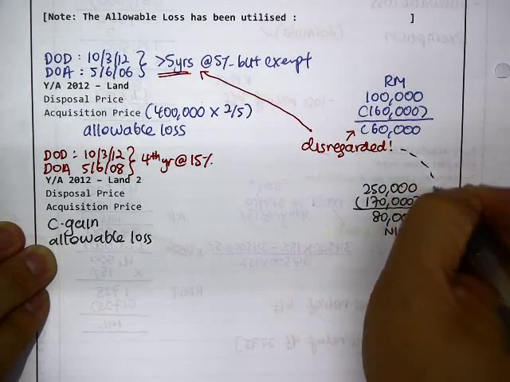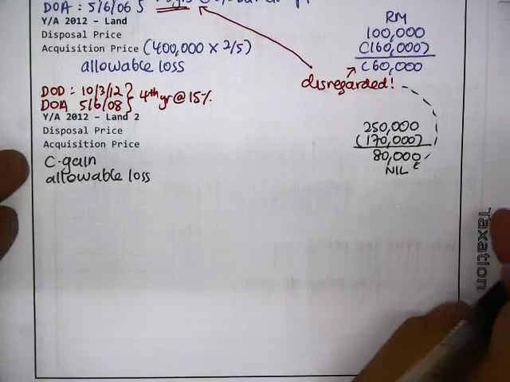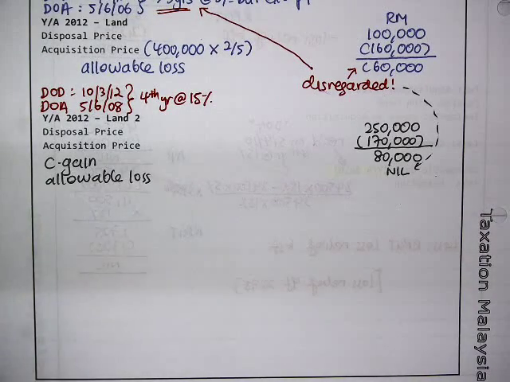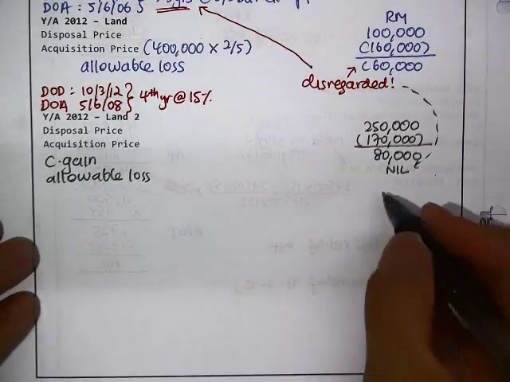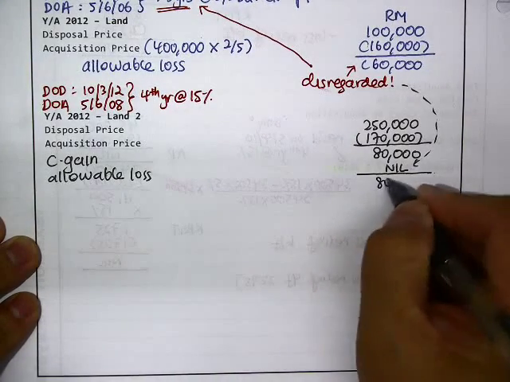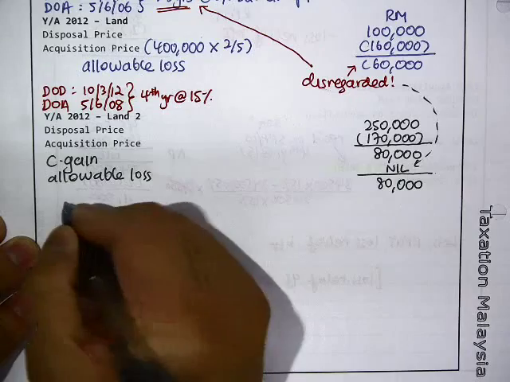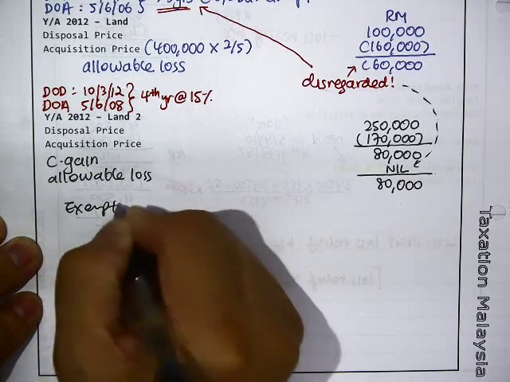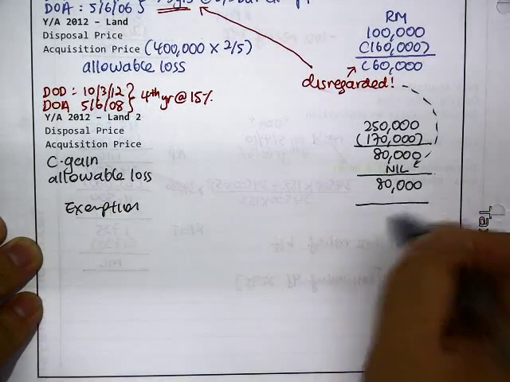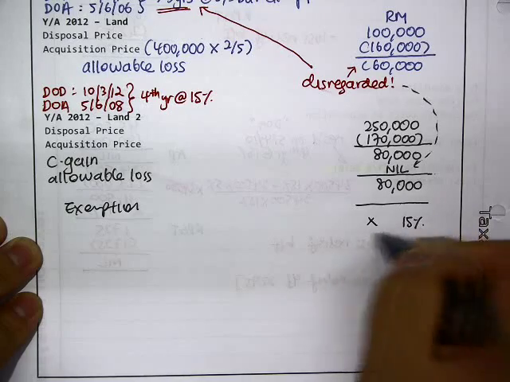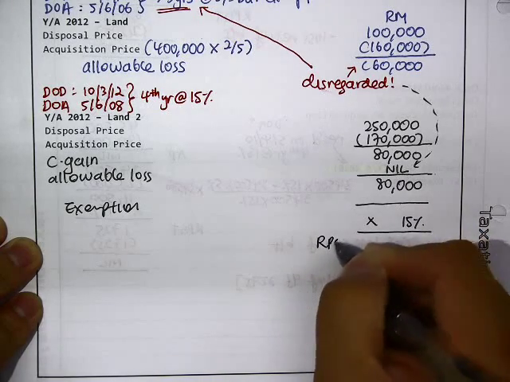Alright, now we have the last piece of land that we dispose of on the 10th of March and we acquire it on the 5th of June. So 10th of March and 5th of June, which year is that? June 08 to June 09. June 9, June 10, June 11, June 12. That's in the 4th year, which is at 15%.